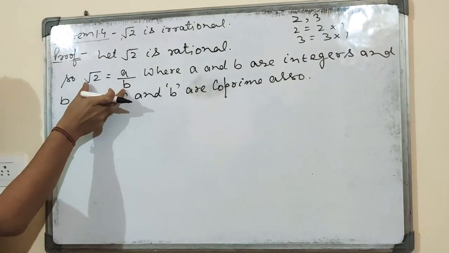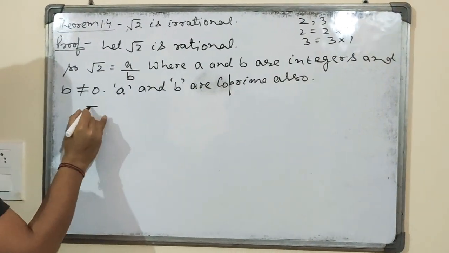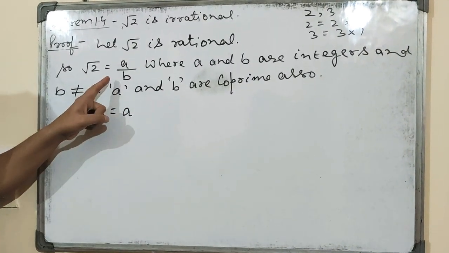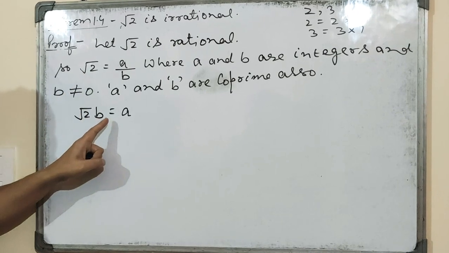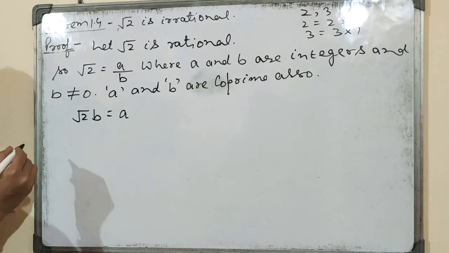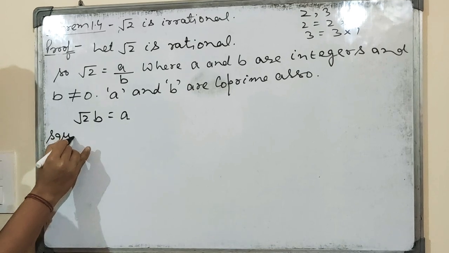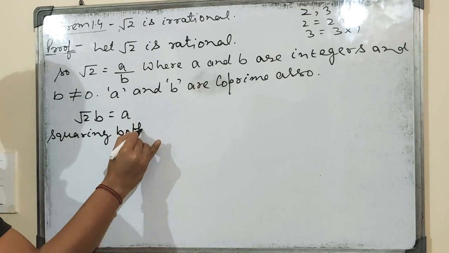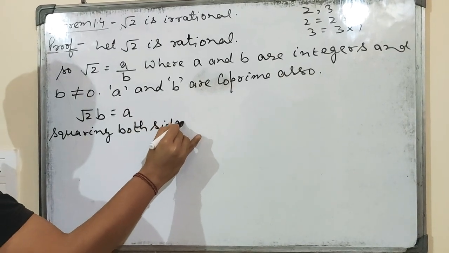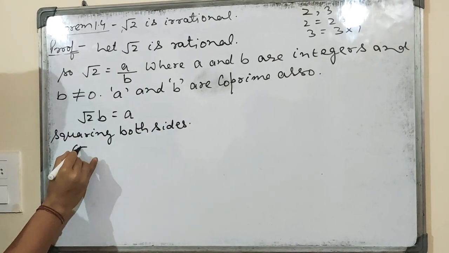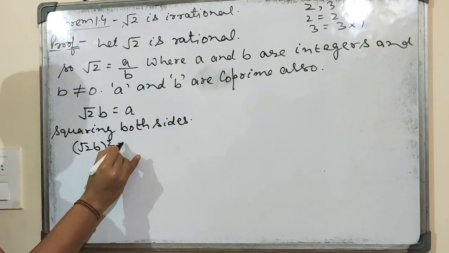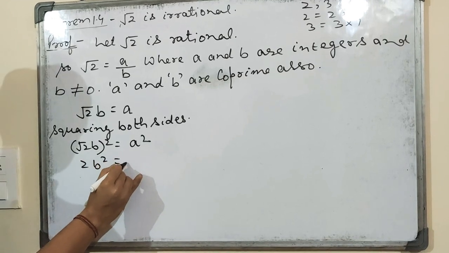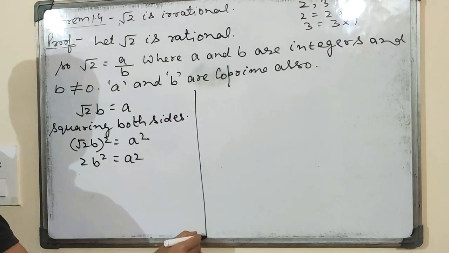Now on cross multiplication, we have under root 2 b equal to a. Now squaring both sides, we have 2b square equal to a square, equation 1.